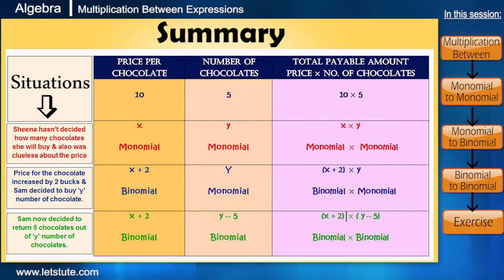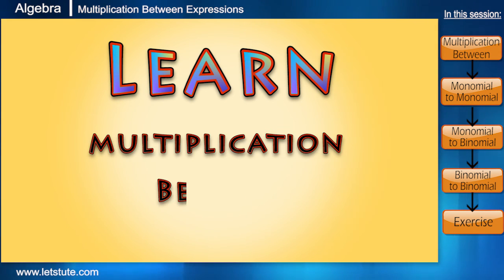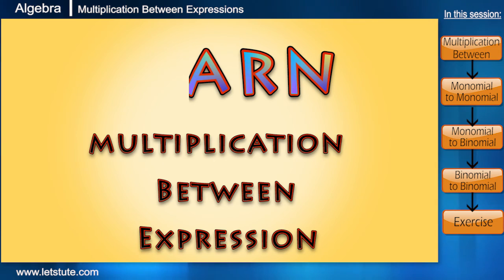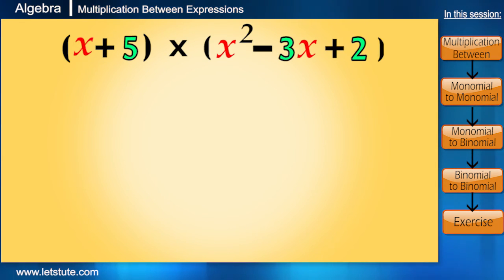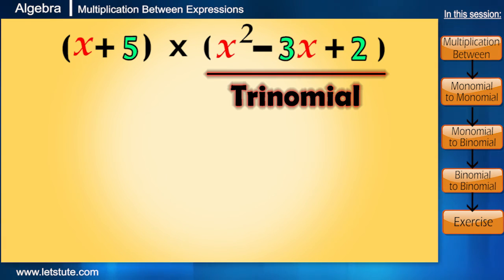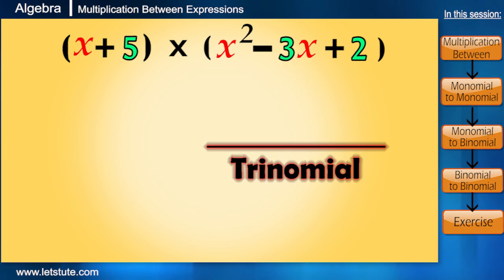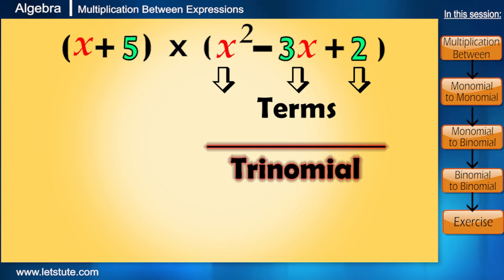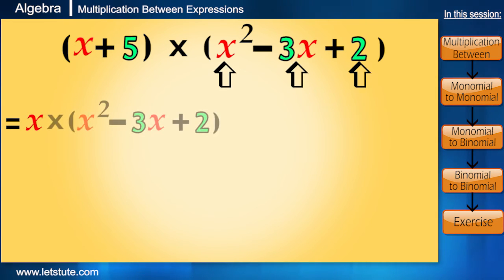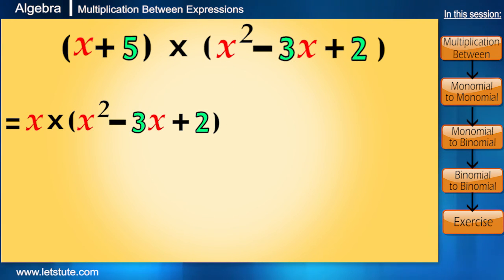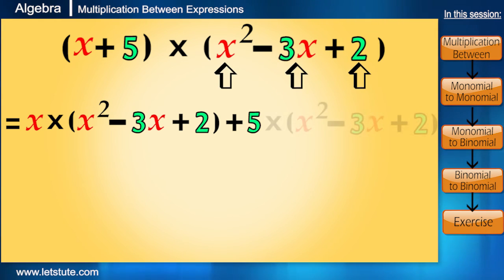Let's solve one more example to understand the multiplication between expressions better. Multiply x plus 5 and x square minus 3x plus 2, this trinomial. Well, we know that trinomial means an expression with 3 terms. So here too we first multiply x with each term of this trinomial. Then with the sign given, again we multiply 5 with each term of this expression.